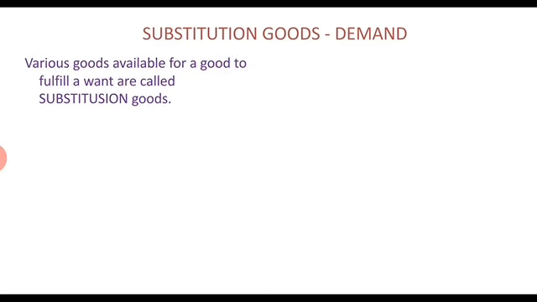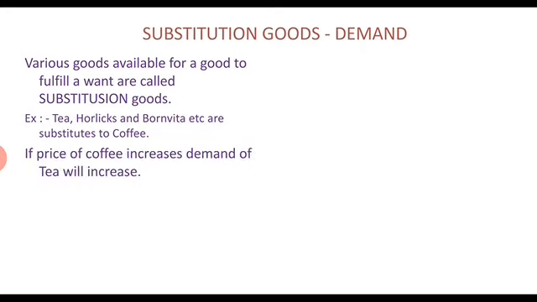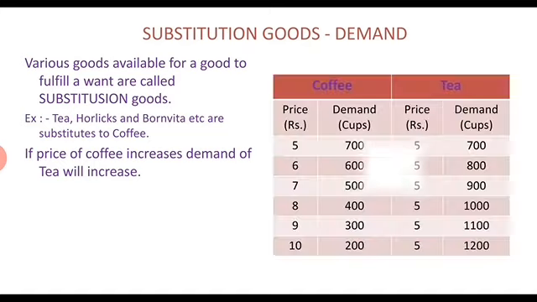Next, substitution goods, prices of substitution goods and demand. Various goods available for a good to fulfill a want are called substitution goods. Example, tea, Horlicks and Bournvita, etc. are substitutes for coffee. If the price of coffee increases, the demand for tea will increase.